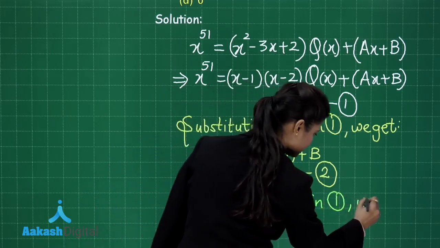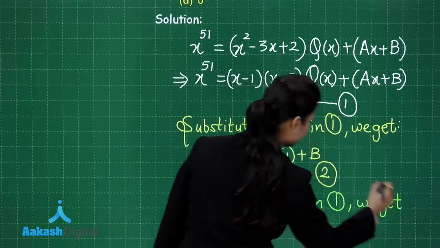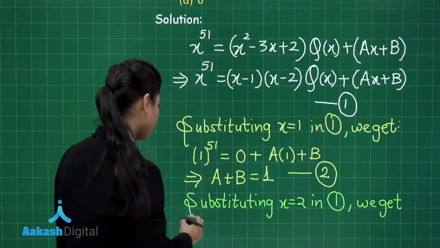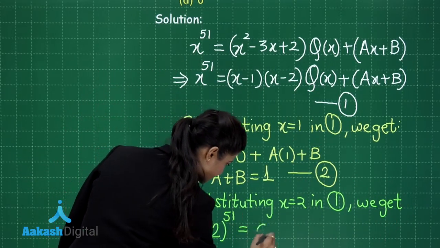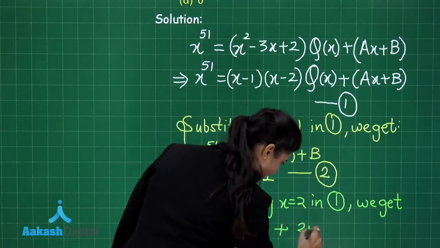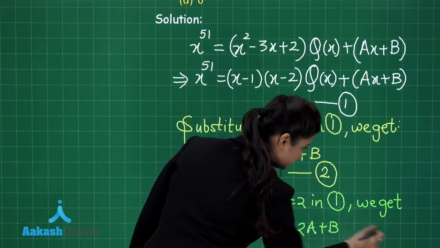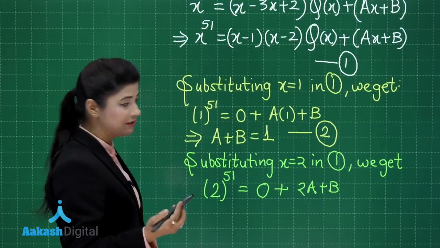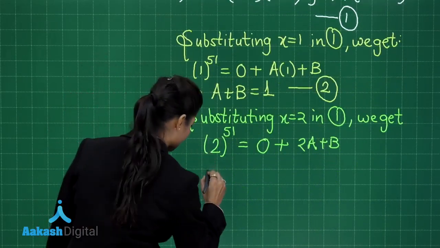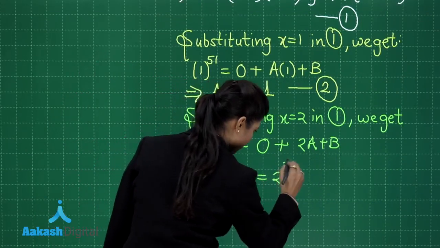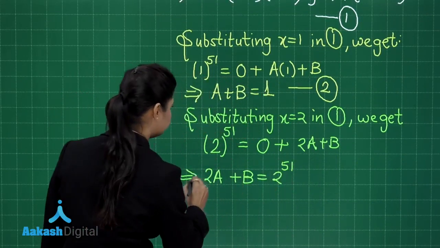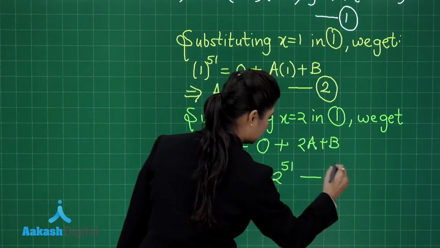On the left hand side you have x raised to the power 51, so that is going to become 2 raised to the power 51 equal to 0 plus twice of a plus b. So you can write it in simplified form as 2a plus b equal to 2 raised to the power 51. Let this be equation number 3.